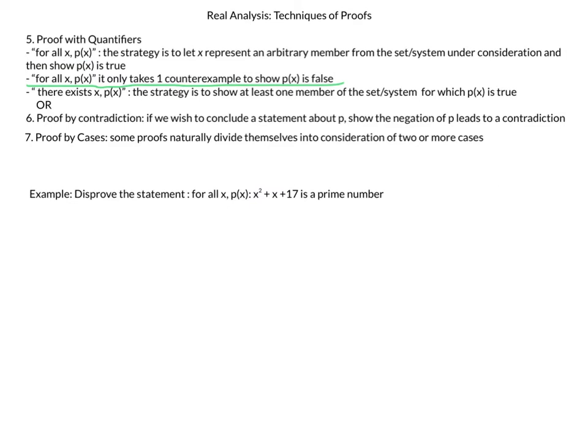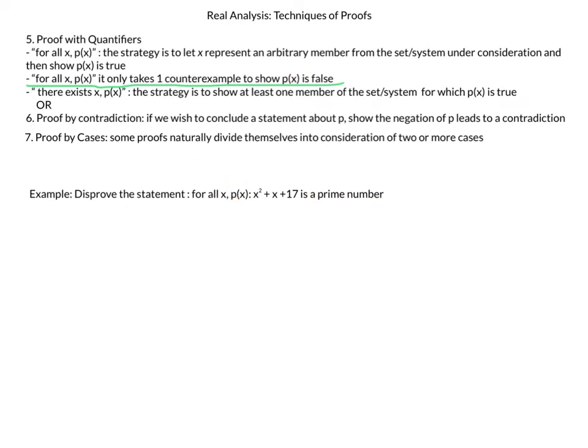Next, we disprove the statement: for all x, P of x, x squared plus x plus 17 is a prime number. Because we have a for all x, to disprove the statement, all it takes is one counterexample to show that the whole premise is false.